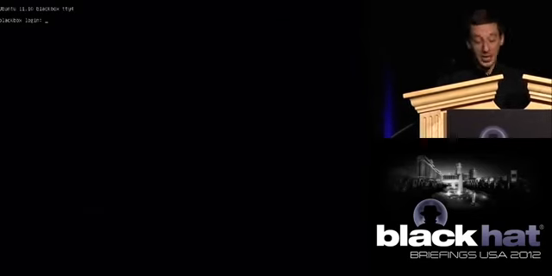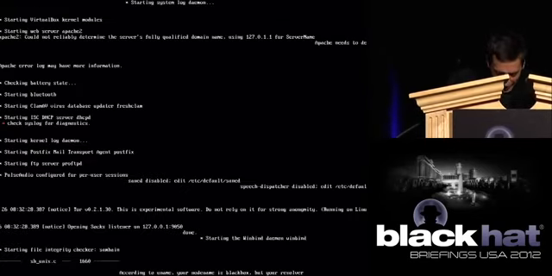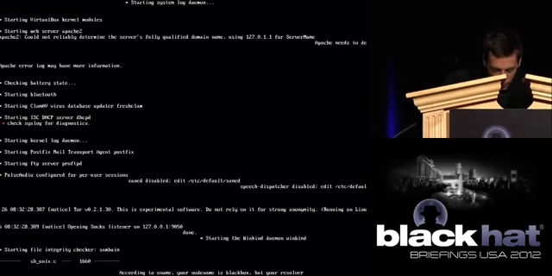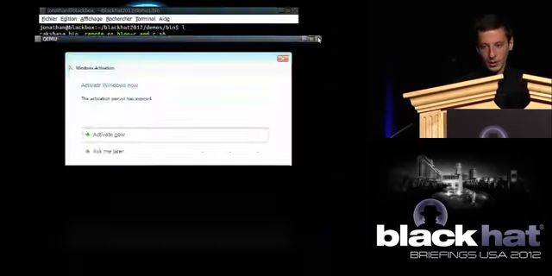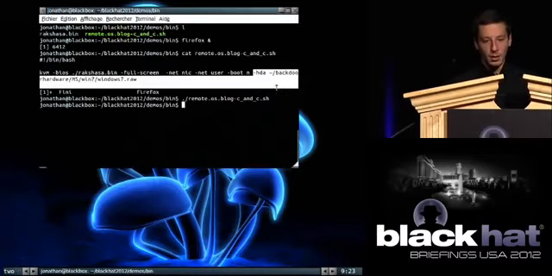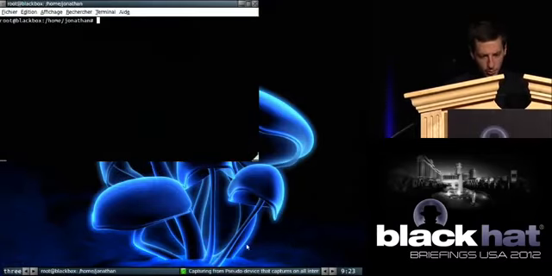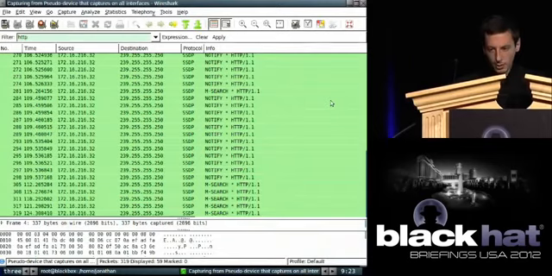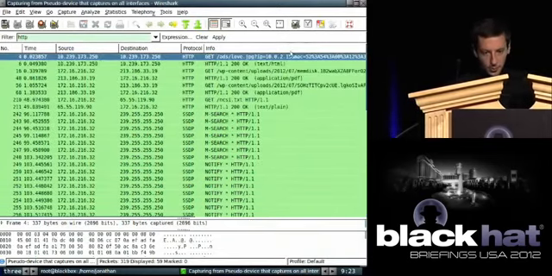Wait until we look at the packets, come on. All right. Okay, so I'm just going to kill it. So let's look at what really happened in terms of HTTP connections.